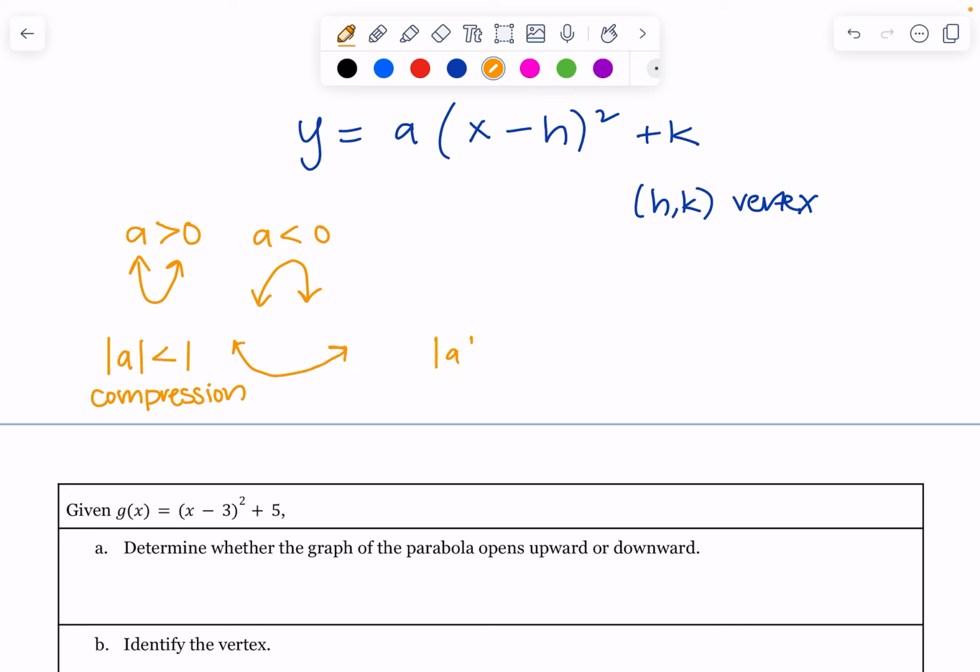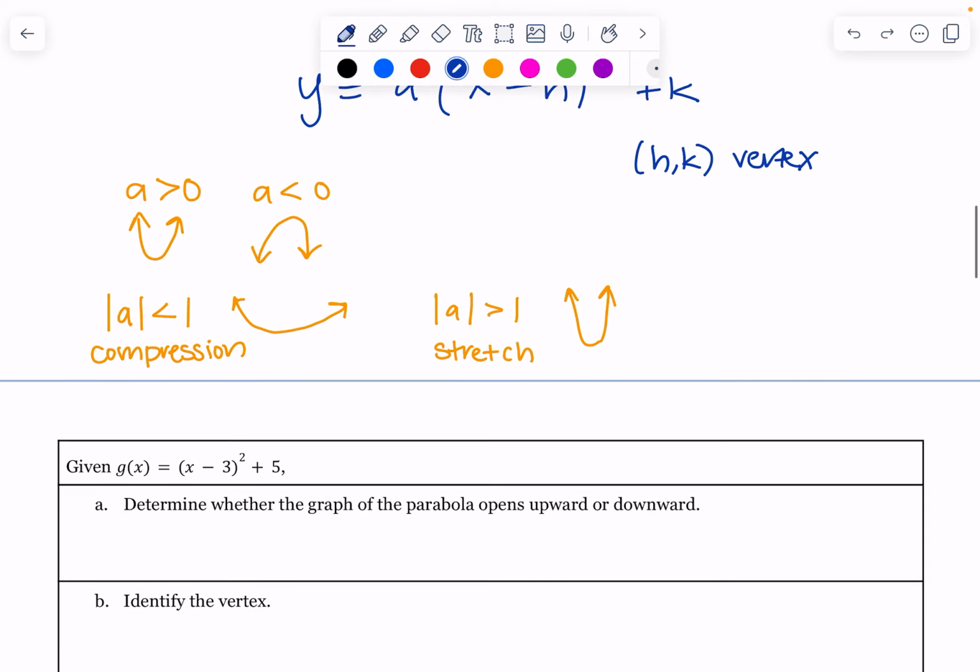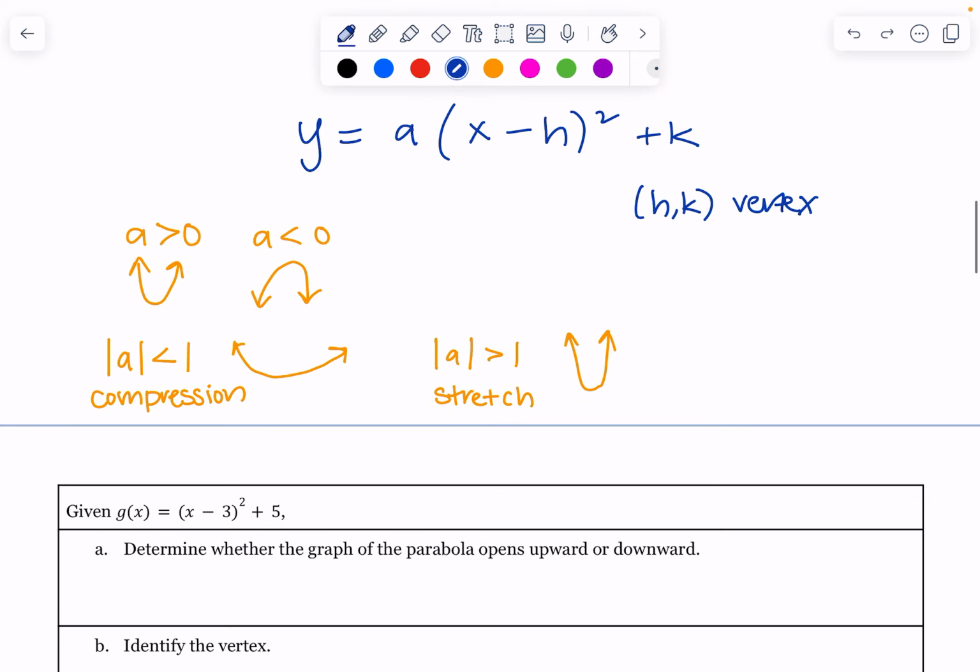And when the absolute value of a is greater than 1, that's a stretch, meaning the graph is narrower or skinnier compared to the parent function. That should not be a totally new concept. I'm kind of rushing through that, but if you have a question, let me know.